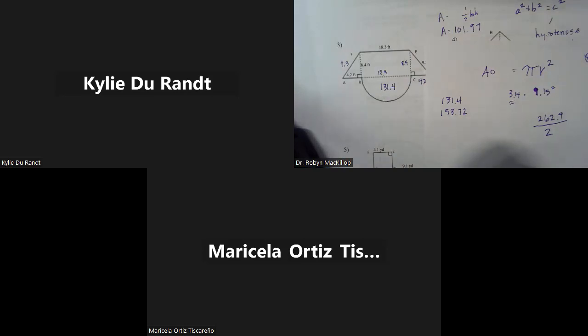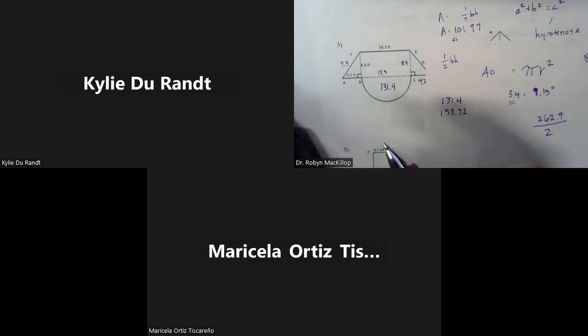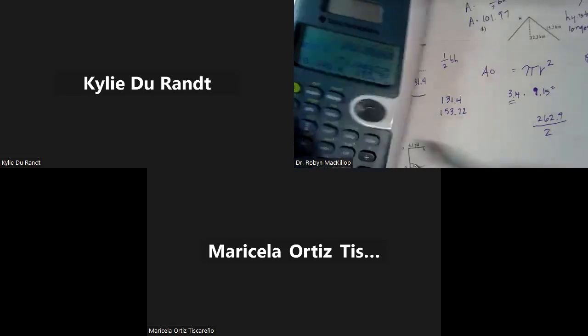And the area of a triangle, again, is 1/2 base times height. See what they do? This is a complicated problem. You have to find the area of a circle, then cut it in half, a rectangle, and triangles. That's a lot for one problem. But 1/2 base times height, base is 4.2, height is 8.4.